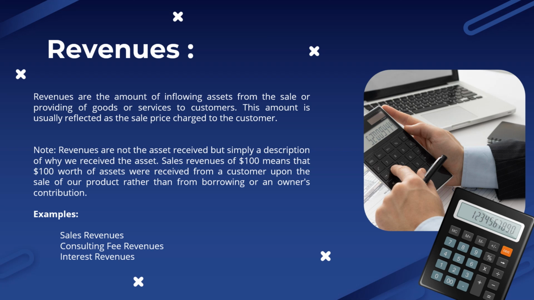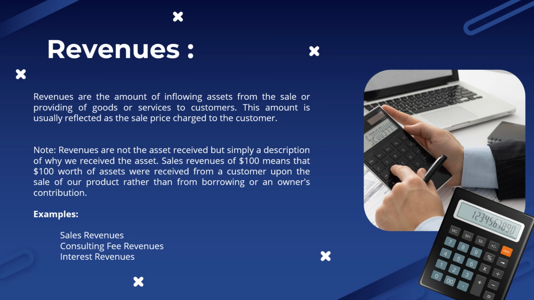Now this is important, and students sometimes get a little confused as we try to apply this definition of revenues. I want you to note that revenues are not the asset received, but simply a description of why we received the asset. So sales revenues is a descriptive term of why we received cash, not of the cash.